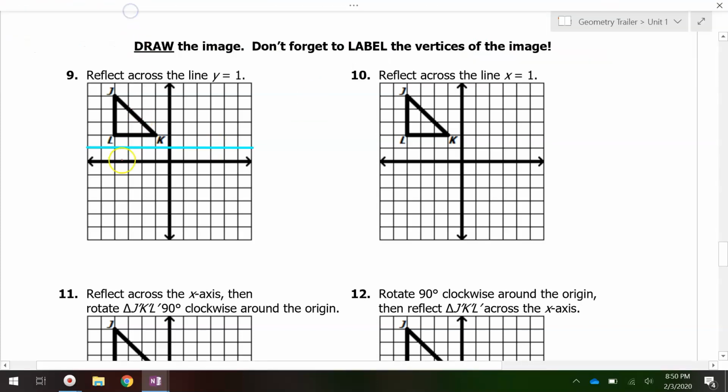So let's just graph this visually. L is 1 above the line, so L prime will be 1 below. K is 1 above, K prime will be 1 below. J is 1, 2, 3, 4 above, so J prime will be 1, 2, 3, 4 below. All right, so this is K prime, L prime, and J prime.